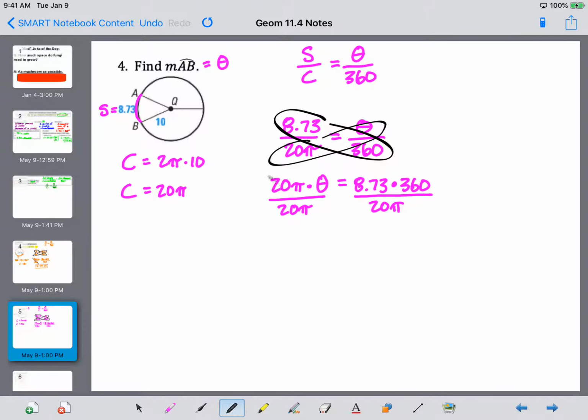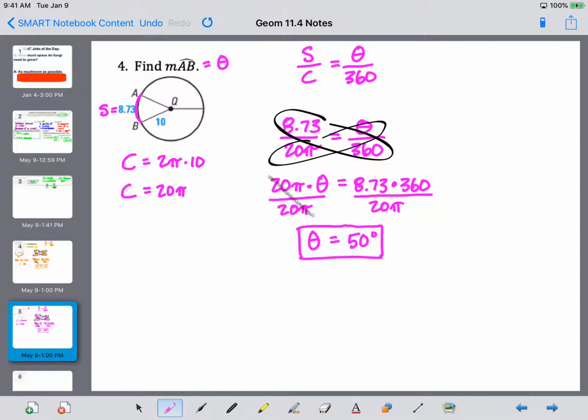These will cancel, and we're left with theta all by itself, which is our goal. That's going to end up giving you, if you plug in 8.73 times 360 and divide that by 20 pi, about 50 degrees. And if we look at our diagram, that seems pretty reasonable, so I'm okay with that answer.